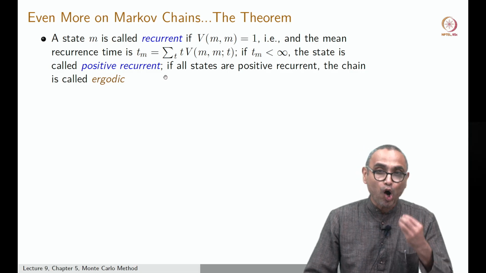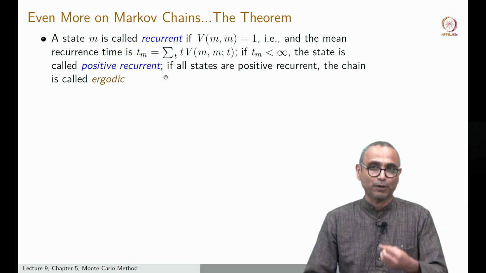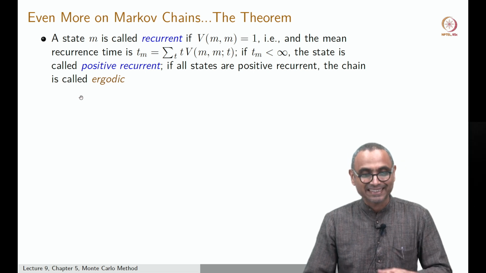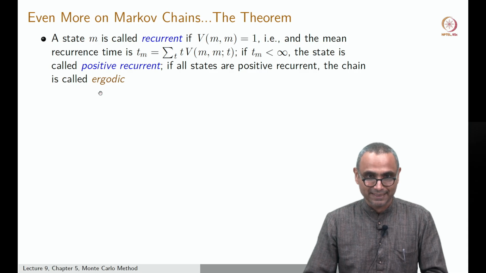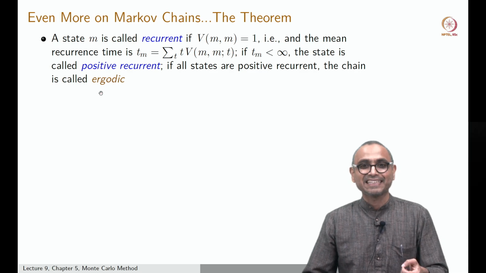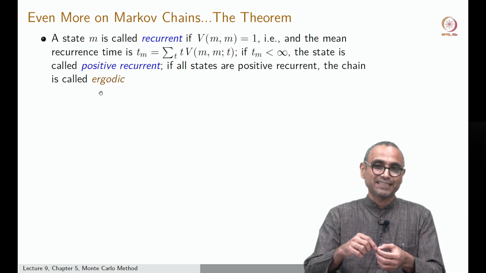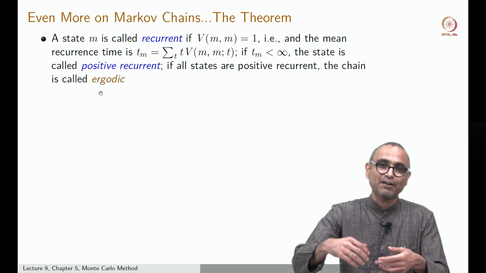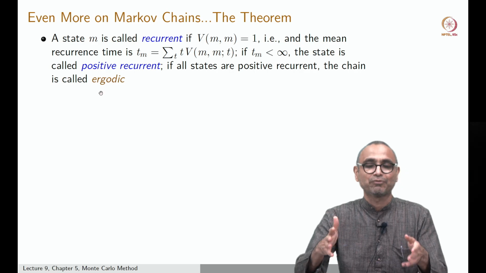And if all states in your system are positive recurrent, then we say that the system is ergodic, in the sense that an ergodic system is one where you start a Markov process at some configuration m, you are certain that after some time you will be back at m. That is roughly what it means.